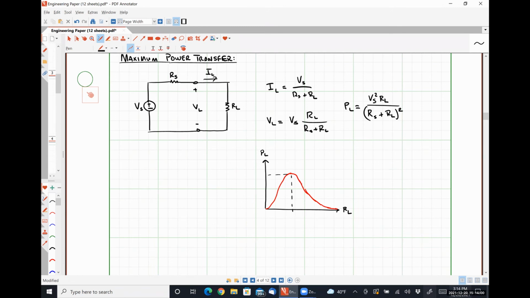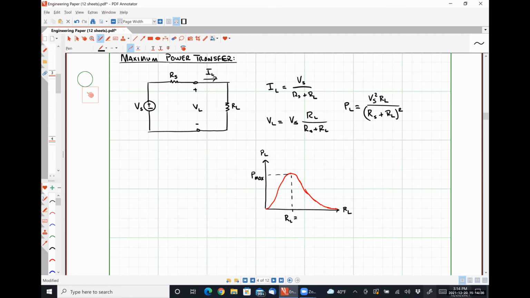So let's call this point P max. And this is the value of RL that we're trying to figure out. We could, if we wanted to, take the derivative of PL with respect to RL, set that derivative equal to 0, and solve for the value of RL that makes that happen. That's what you learned in calculus. Whenever you want to minimize or maximize a function, you take the derivative of it and set it equal to 0.